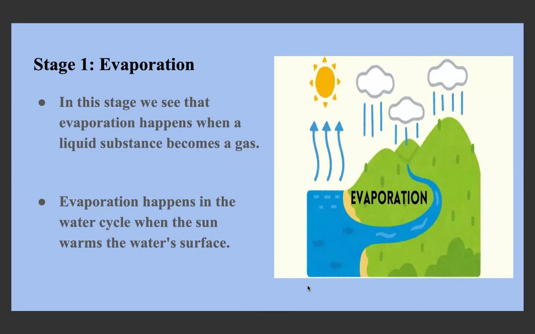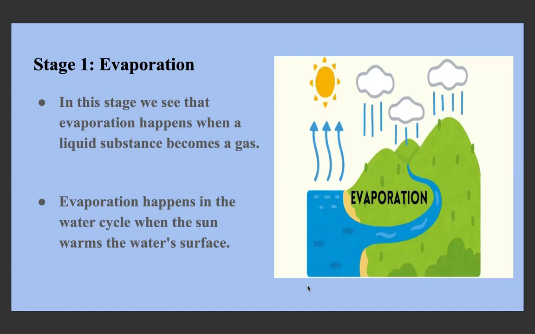Evaporation happens when a liquid substance becomes a gas. Evaporation happens in the water cycle when the sun warms the water's surface. So you may ask, what is evaporation? Like I said, evaporation is a process where water changes from liquid to gas or vapor.